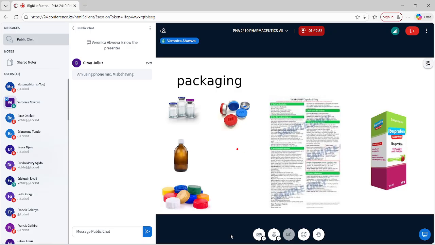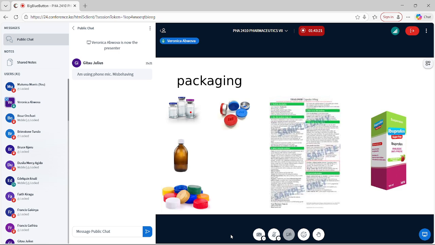What was found is that because this rubber is in contact with the drug, okay, it's important to ensure that not only the bottle is compatible with the drug, but also the cap, the closure cap, should also be compatible with the bottle or the drug, okay?